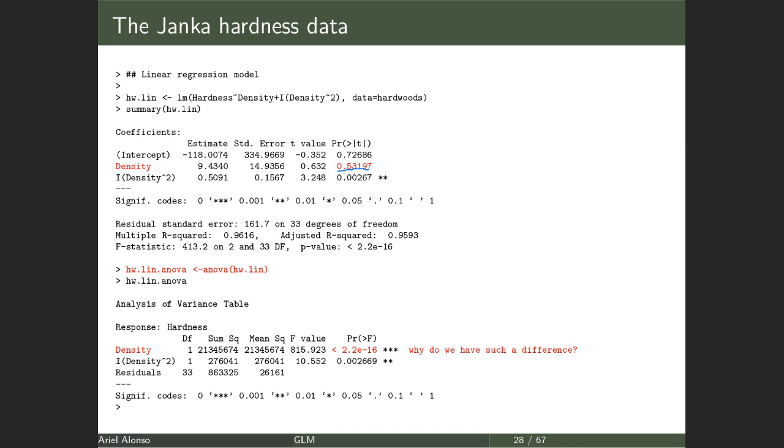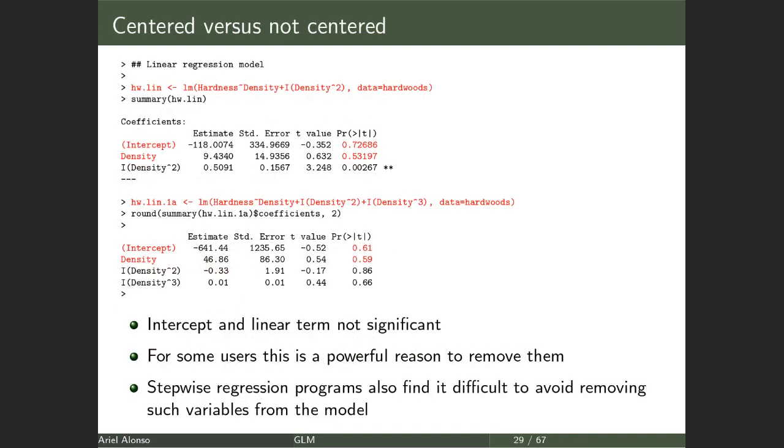However, if you now apply the anova function to the same object, you get here a highly significant p-value for density. So the coefficient table gives you something that is not significant, the ANOVA table gives you something that is very significant. Why do we have such a difference? Is that a contradiction? We already saw that and I already explained it, so I leave it to you as a homework. But actually, there is not a contradiction there.